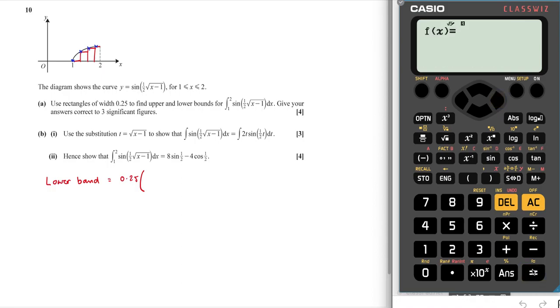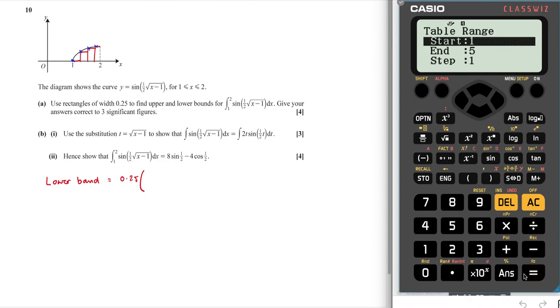So f of x is sine of a half, square root, and where's x gone on this calculator? x minus 1, and I'm going to close some brackets, and I don't want a g of x.